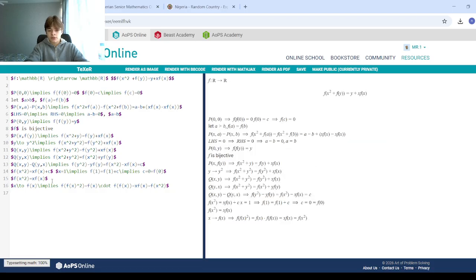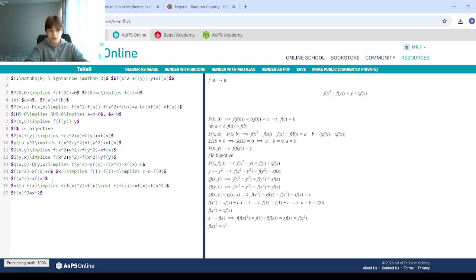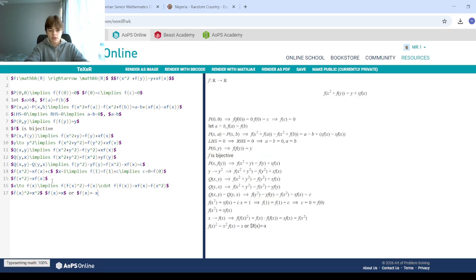And since we know that f is injective, we get that f(x)² is equal to x². So from here we have either f(x) = x or f(x) = −x.